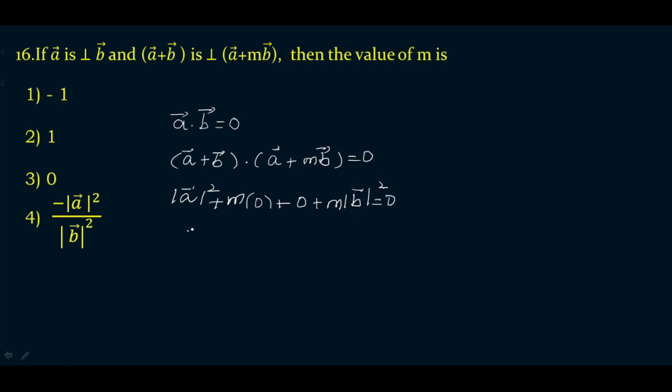It implies m into magnitude of vector B whole square is equal to minus magnitude of vector A whole square. Therefore, m is equal to minus magnitude of vector A whole square divided by magnitude of vector B whole square. This is there in the fourth option. Therefore, the fourth option is the right option.